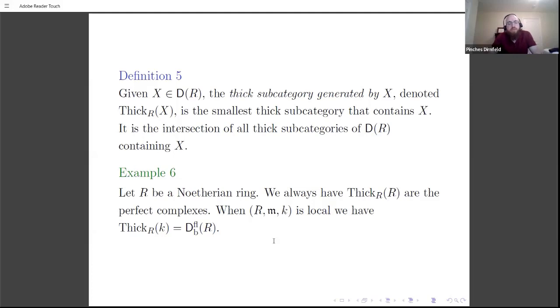In some sense, thick of a complex is all the complexes you can build by taking finite extensions or direct sums and whatnot after finitely many steps.